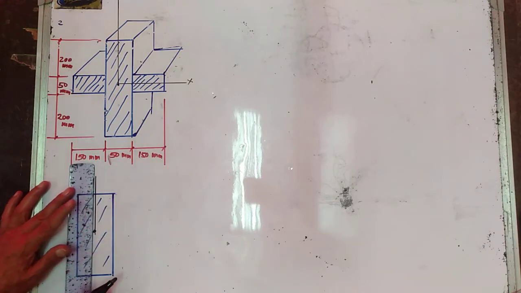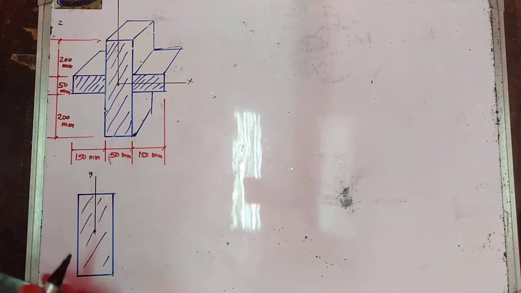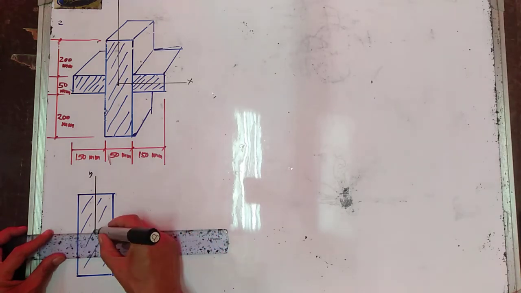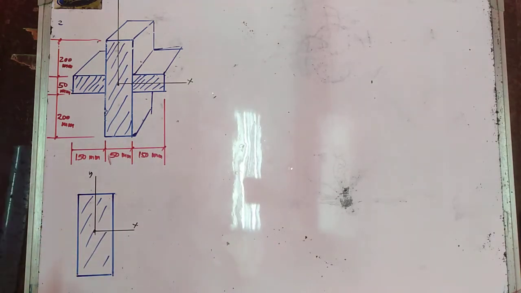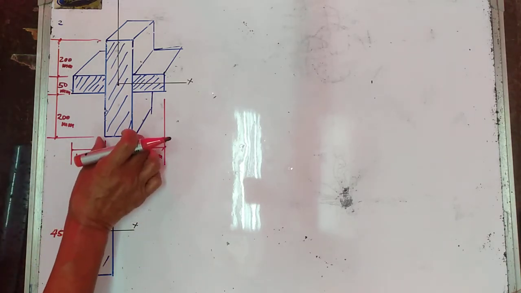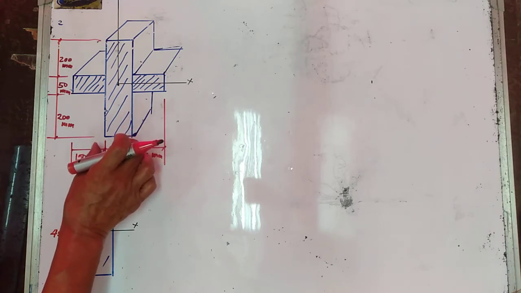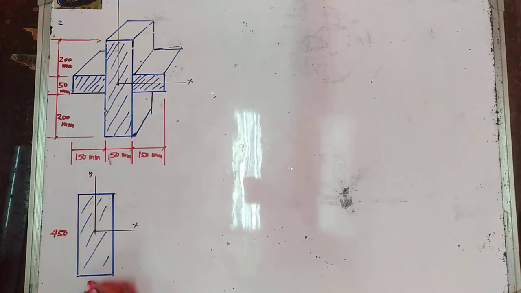So we have the y axis, and this one in here is the x axis. Now, this is 200, 250, so we have 450 millimeter. And this one in here is equal to 50 millimeter.